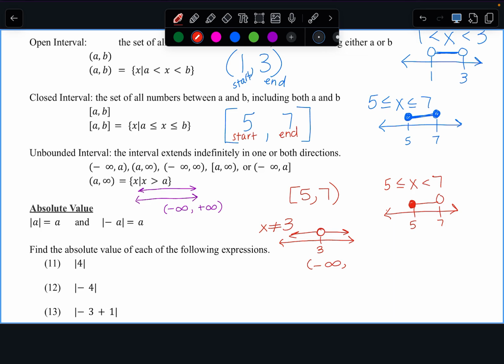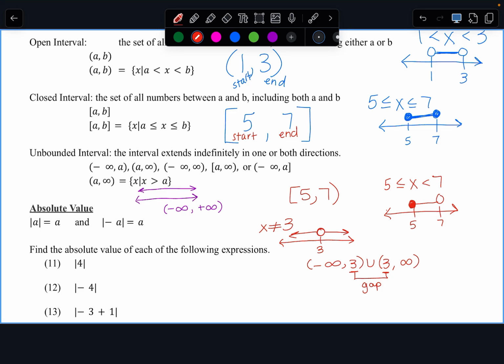As soon as I hit 3, I have to jump over a gap. So it includes everything up to 3, but is not allowed to equal. The U means there's a gap. We've got to get around that. And it starts again right past 3 and keeps going until infinity. When these two numbers are the same, it means there's a gap at that specific number.